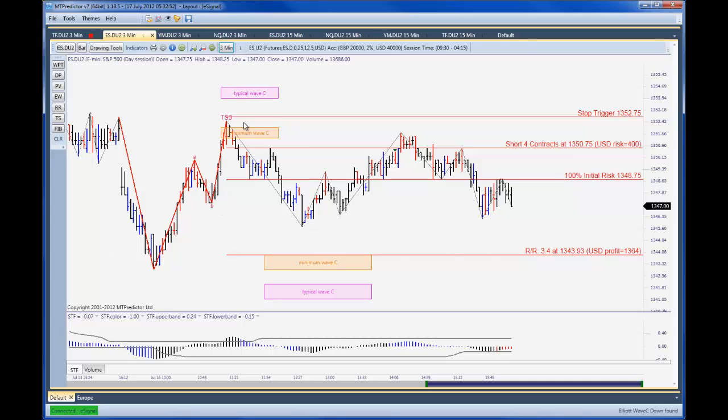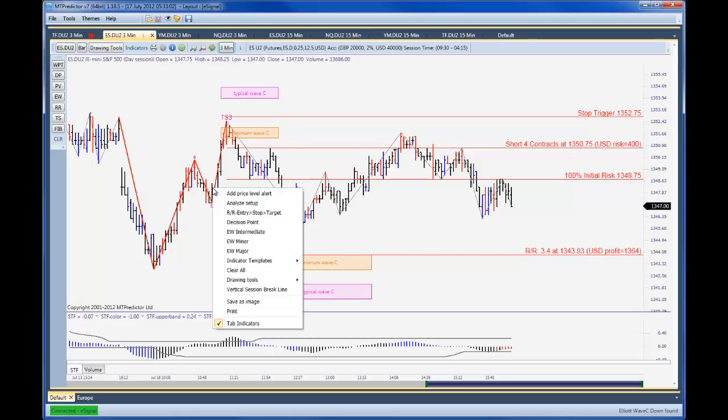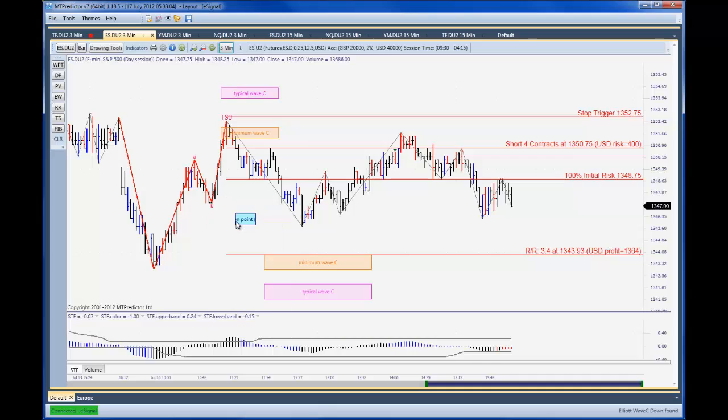So if you remember, a TS3 setup is actually an ABC pattern where we have A, B, C. So we go back to the last swing pivot, which is the wave B here, right mouse click here, we put our decision point on from this level, and as you can see in the ES, the market went down to this particular support zone before reversing.